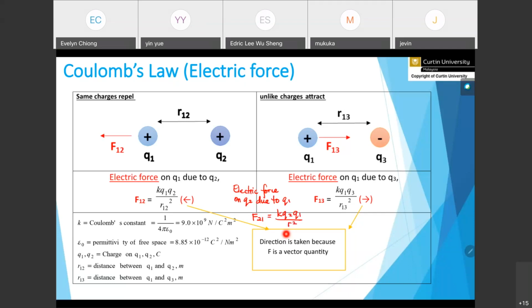You will notice that the electric force is going to be the same for both of them, either on Q1 due to Q2, or on Q2 due to Q1.